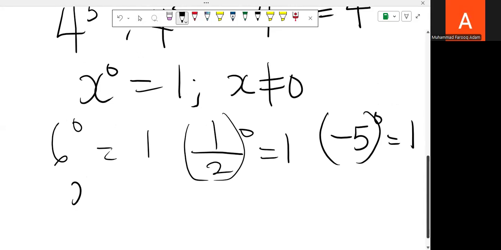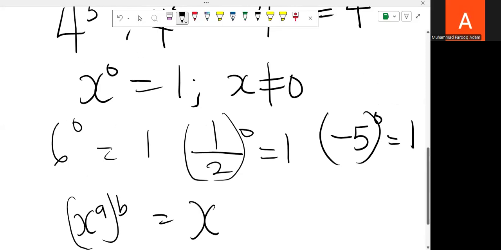Let me write that clearly. x raised to the power of a internally, raised to the power of b externally, is going to give you x to the power of a multiplied by b. The powers internally and externally multiply themselves. That's going to be x to the power of ab.